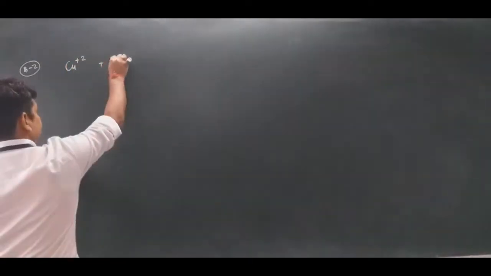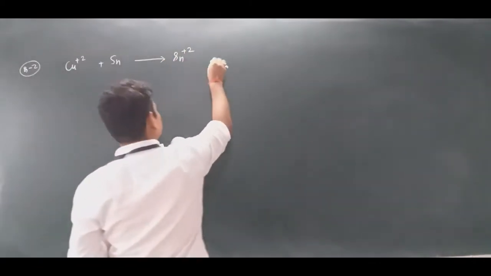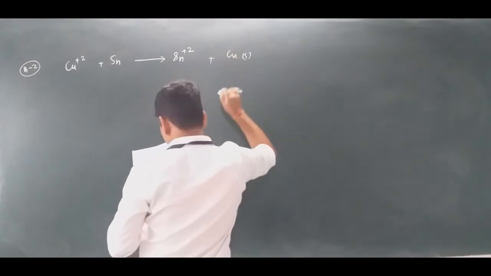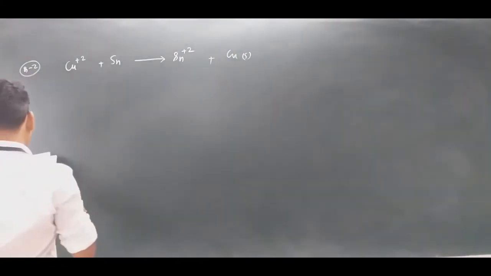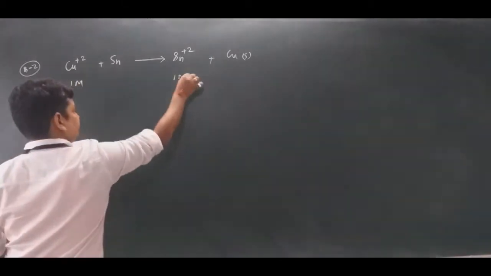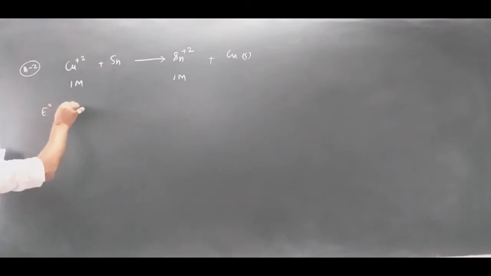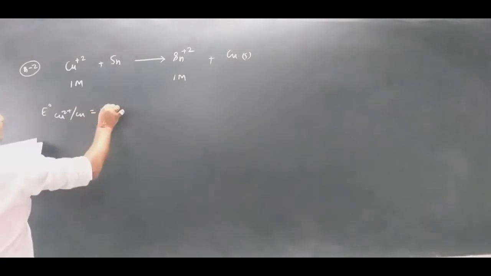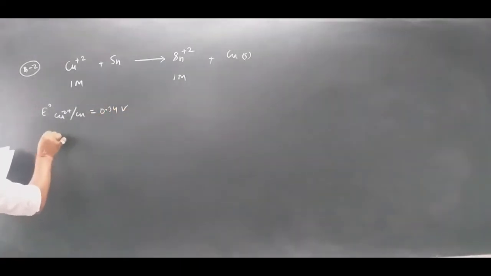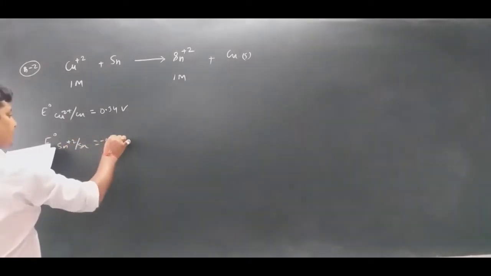Here is a reaction: Cu2+ plus Sn gives Sn2+ plus Cu, which is solid. Both ions are 1 M. And also given E naught Cu2+/Cu is 0.34 volt, and E naught Sn2+/Sn is equal to minus 0.16 volt.